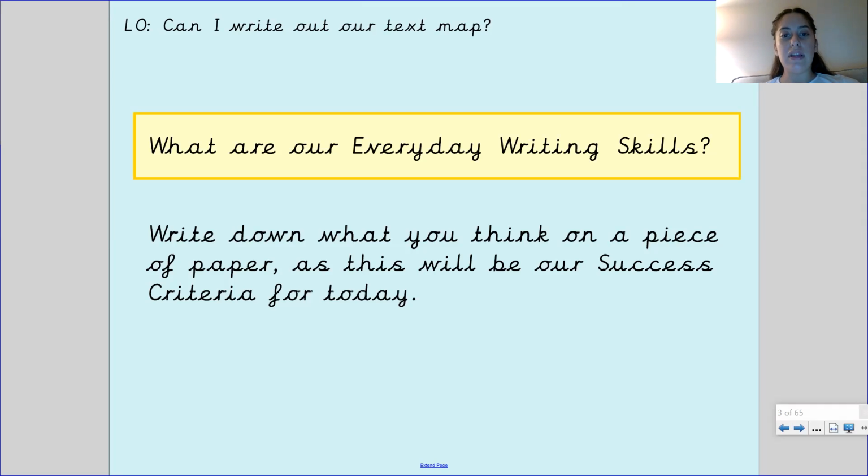So what you've listed down, as well as if you want to add anything else once I show you this list, this is going to be your success criteria for today. So you must use it to make sure that your writing is at a high standard. Okay, what did you think about when you wrote down your everyday writing skills?